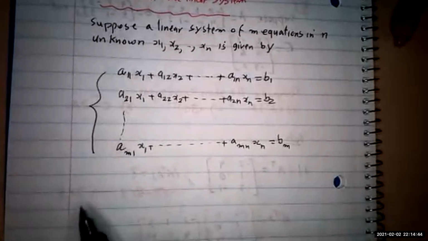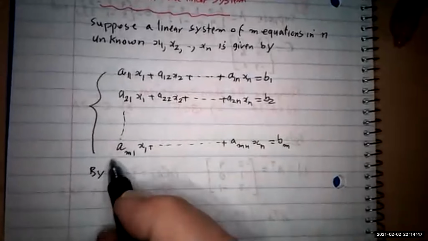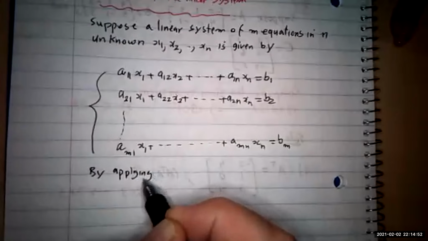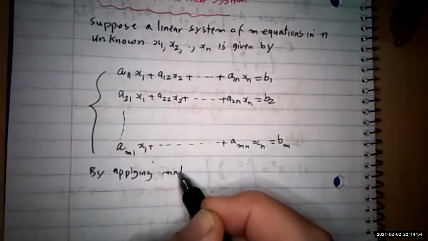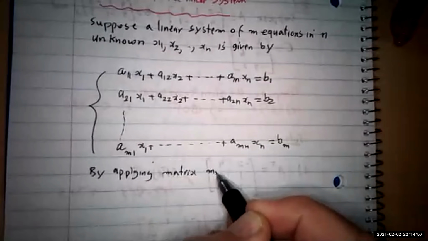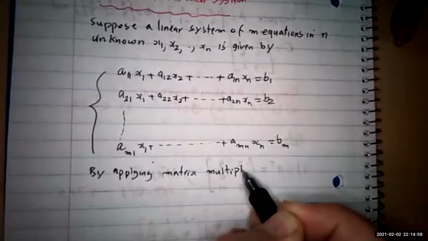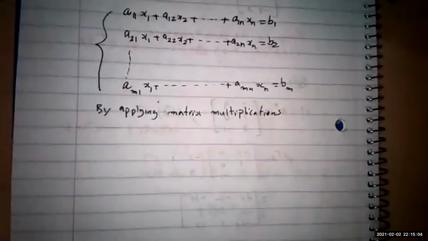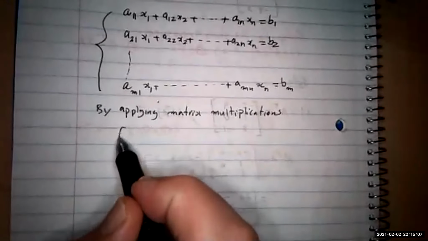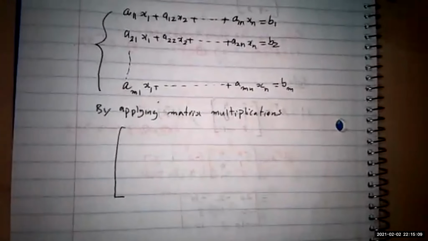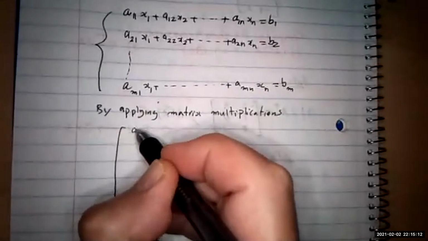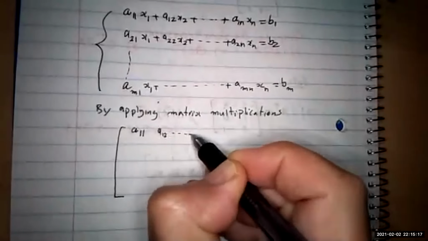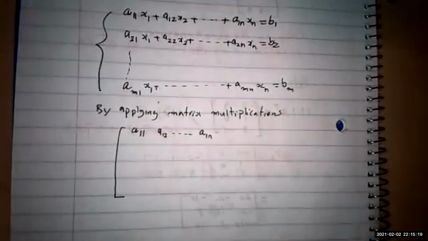By applying matrix multiplication, we can rewrite it as a matrix of coefficients. It starts with a11, then a12, that takes you to a1n.